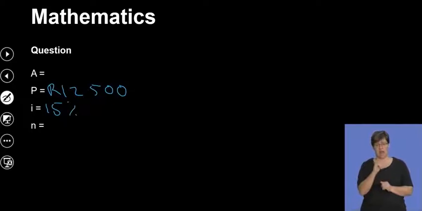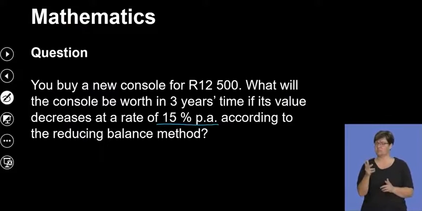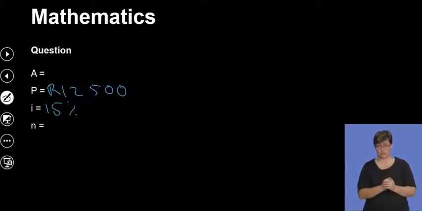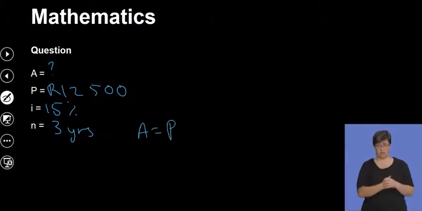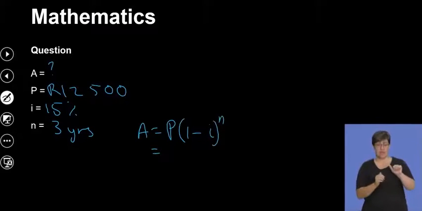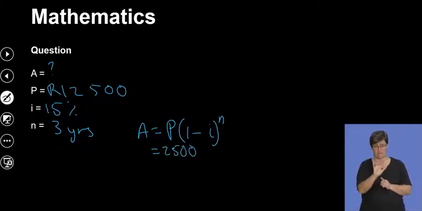And then our n is 3 years. And we are looking for the A value. Now, to calculate this, I will first start with the formula, A equals P times (1 minus i) to the exponent of n. I know what my P is. That's 12,500.